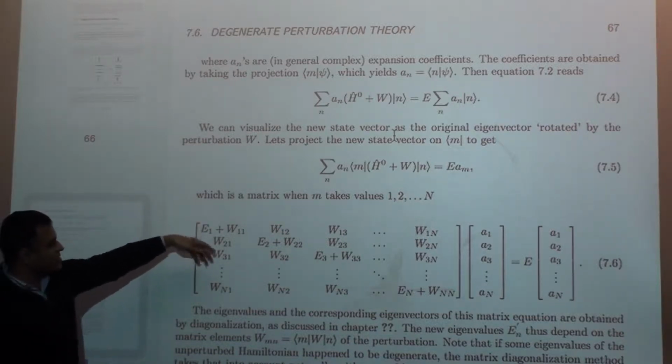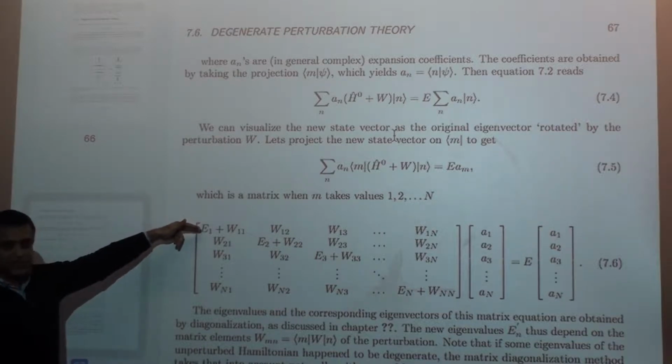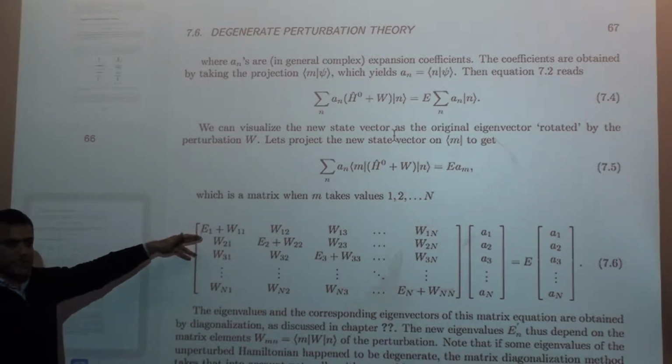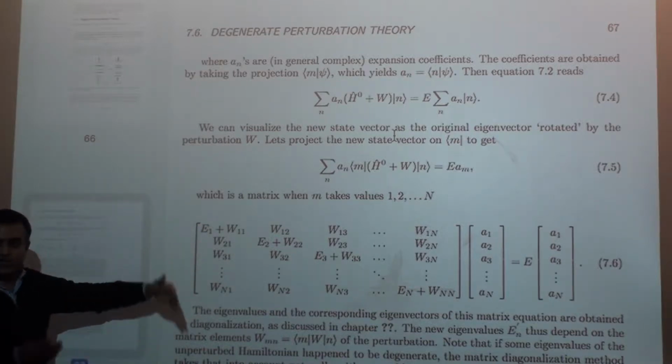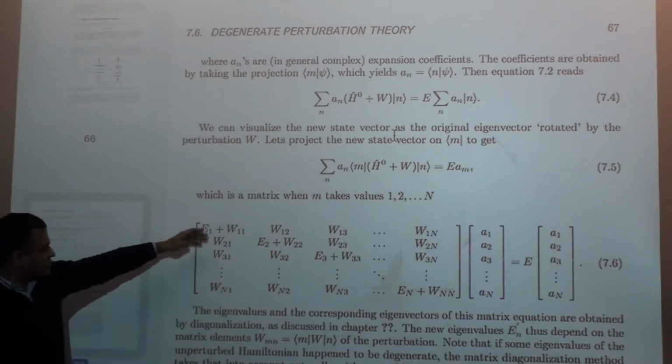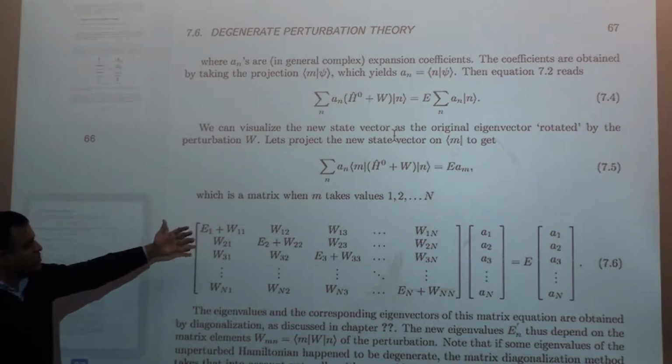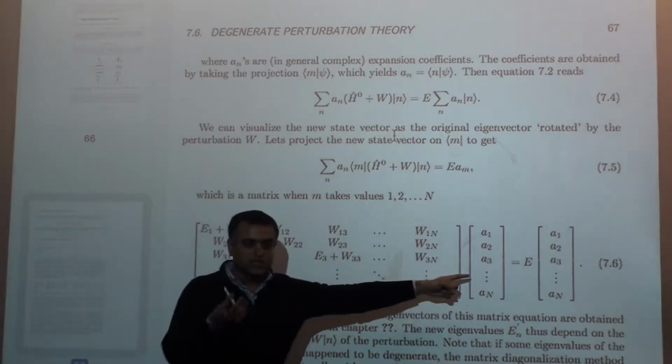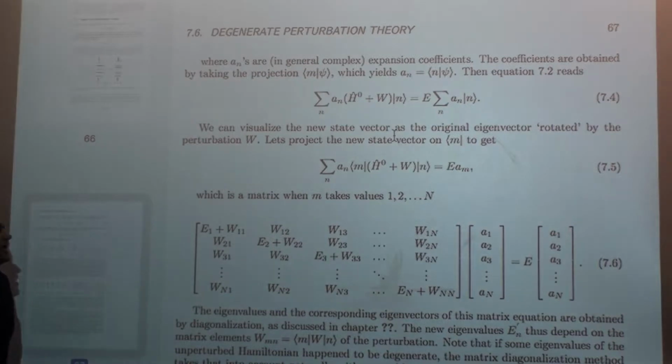A matrix in one variable is a linear equation, in 2 variables a quadratic, in 3 variables a third order polynomial, and a fourth order polynomial has 4 roots, so you have 4 eigenvalues. That's the meaning of the matrix equation.